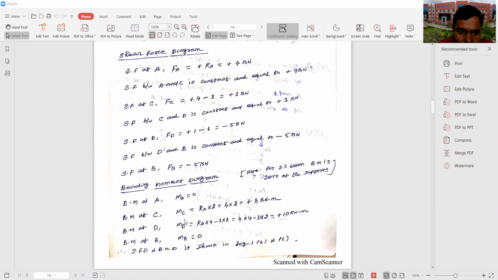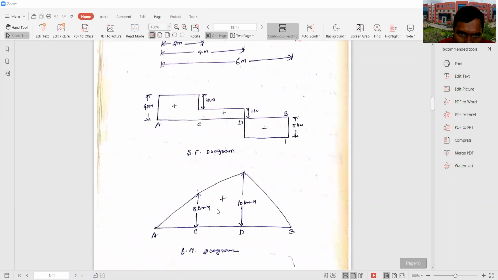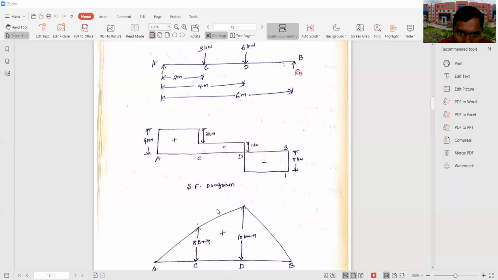Then the moment at C is the load into perpendicular distance. The load is the RA value, RA into distance 2. RA is 4, so 4 into 2 is 8. So at point C, the moment value is 8 kilonewton meter.